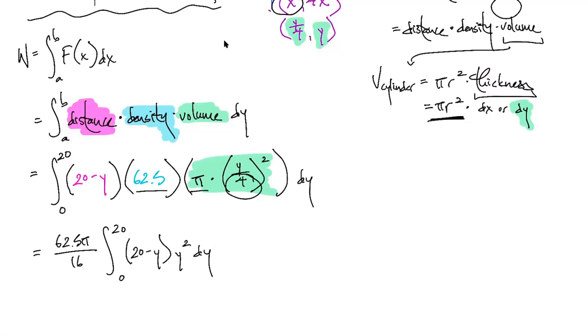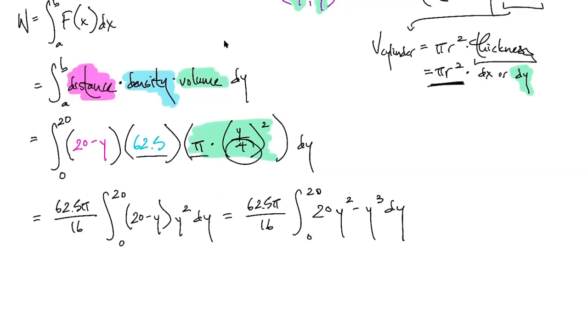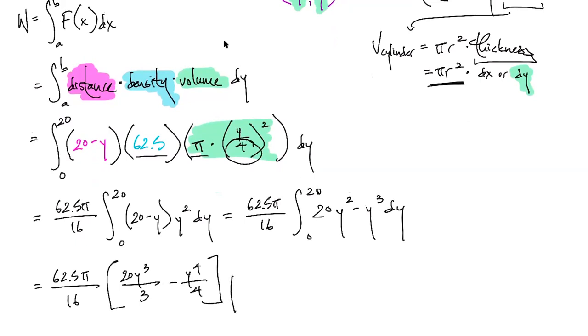Not so bad to take an integral of, right? Just the power rule, that's it. So when we integrate, we'll get 20y cubed over 3 minus y to the 4th over 4. We're going to plug in 20. We're going to plug in 0.